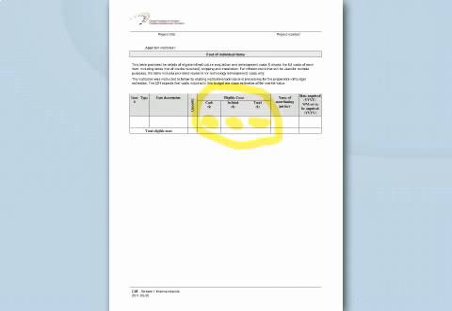This is really well described in our program guide. And so we ask you to name the partner and also specify when the item will be purchased, because that will help us plan for the disbursement schedule.